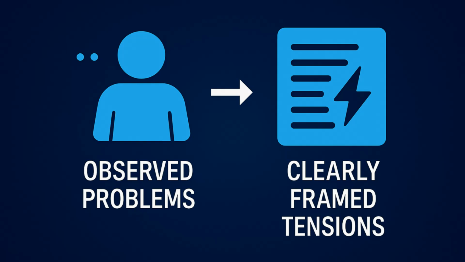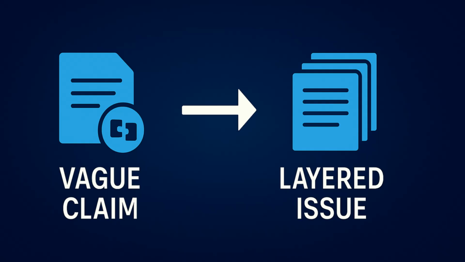Including one or two such moves in your draft can signal your place in the scholarly conversation, even before your method is finalized. You also model a consistent technique across your papers and guidance. The transformation of a vague or limited claim into a layered, researchable issue.